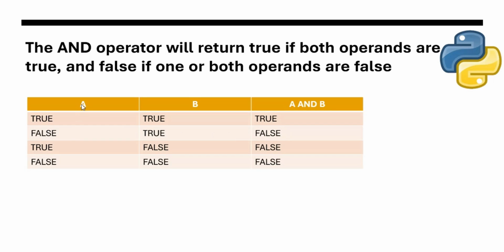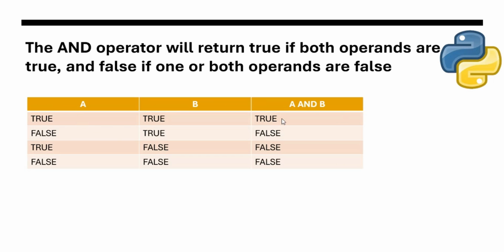Then A is true, B is false, A and B, false. Next, A is false, B is false, for A and B, false.